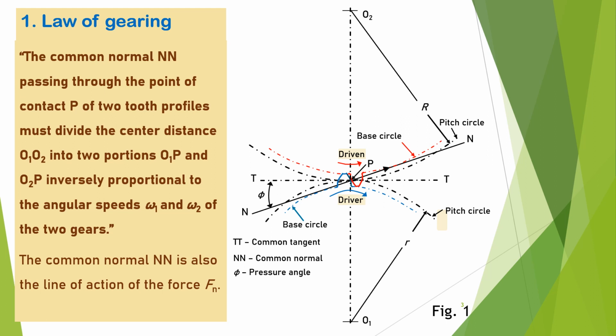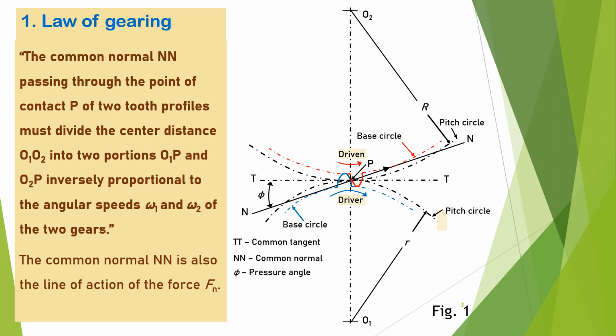The angle between the common tangent and common normal is marked as phi in the figure. This angle phi is known as the pressure angle because the tooth of the driver gear presses the tooth of the driven gear in the direction NN.